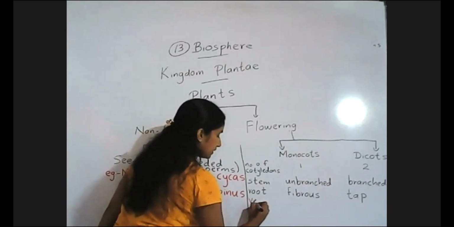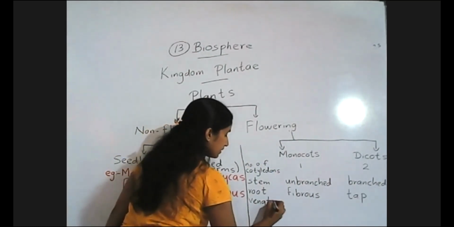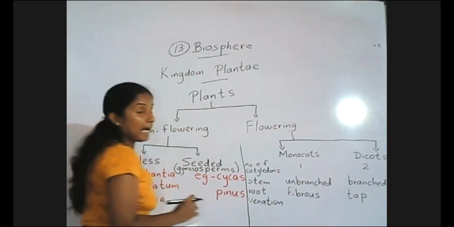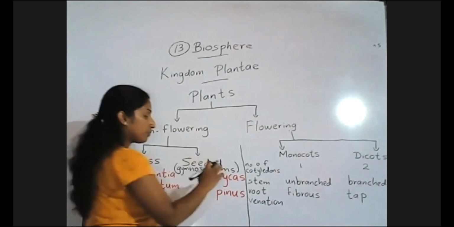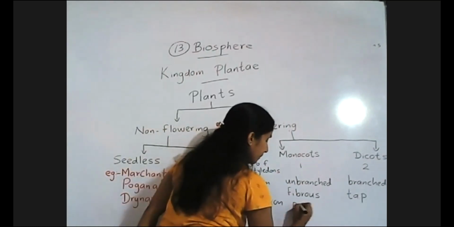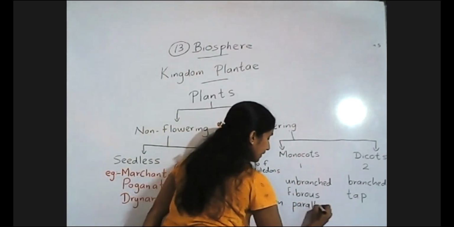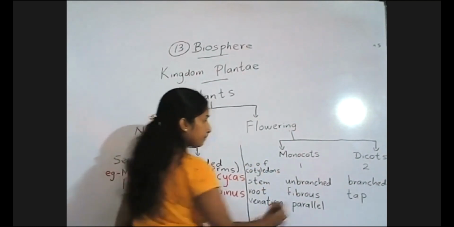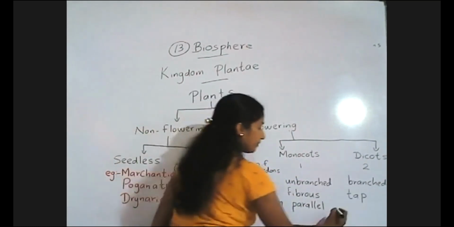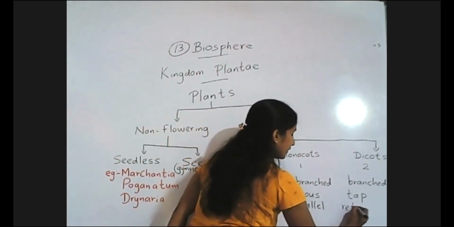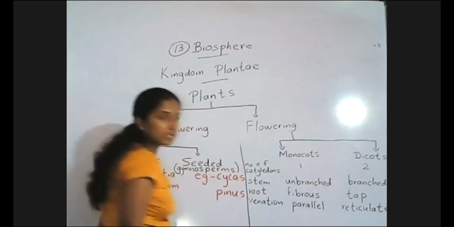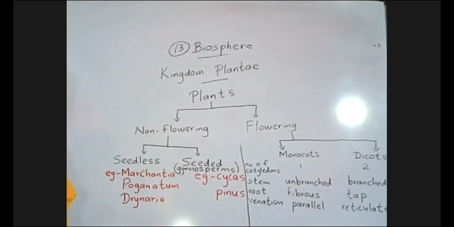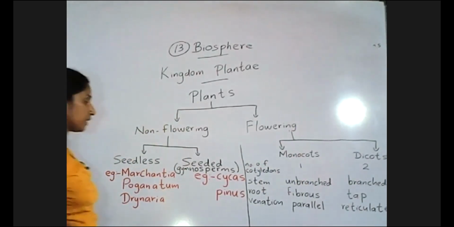Then when we consider the venation, venation means the arrangement of the veins in the plant leaves. In monocots, we can find parallel venation. Here in dicots, we can find reticulate venation, parallel venation and reticulate venation, right?